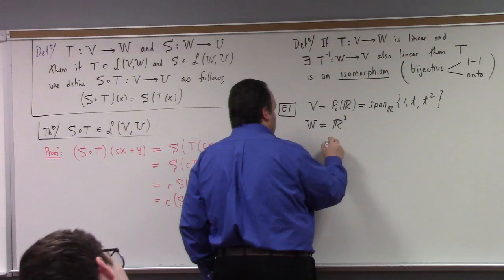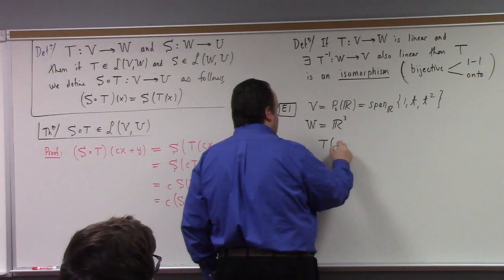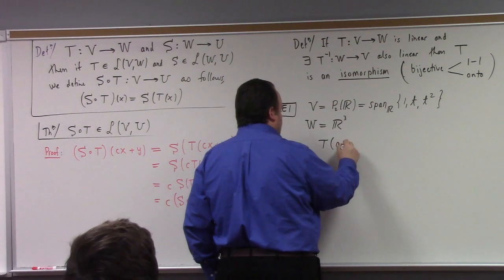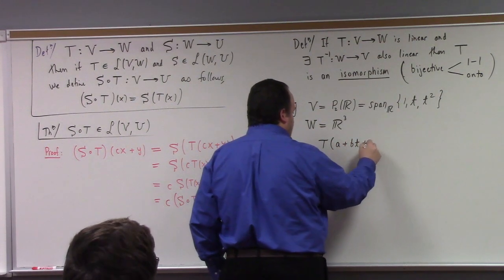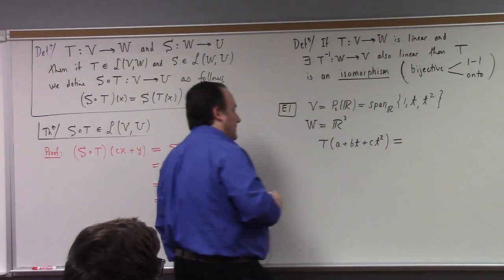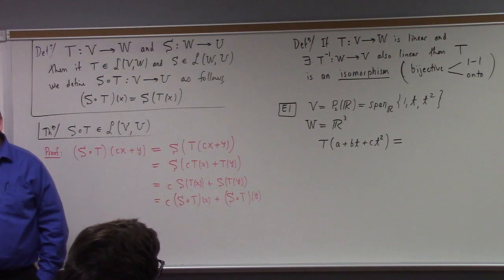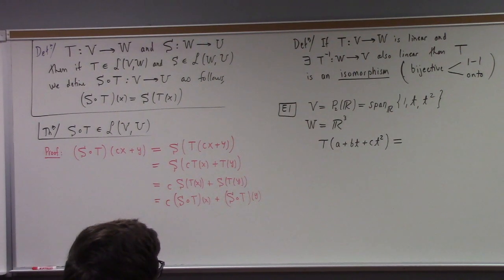If we look at T of, let's say, A plus Bt plus Ct squared, can you guys tell me a formula which would make this linear?